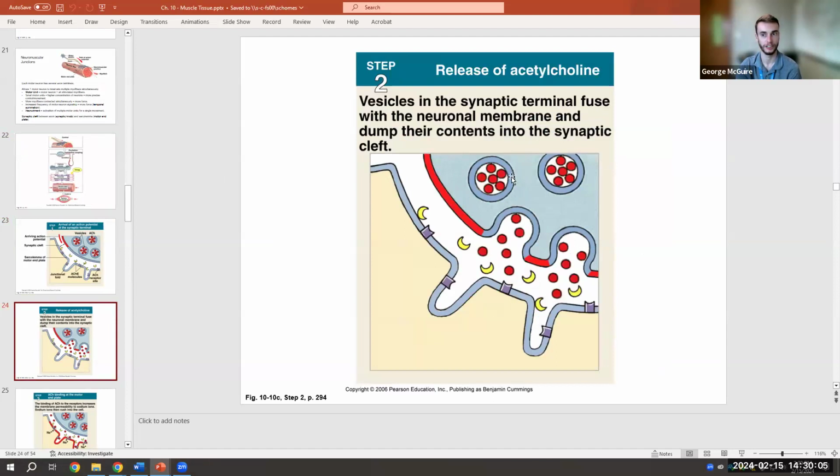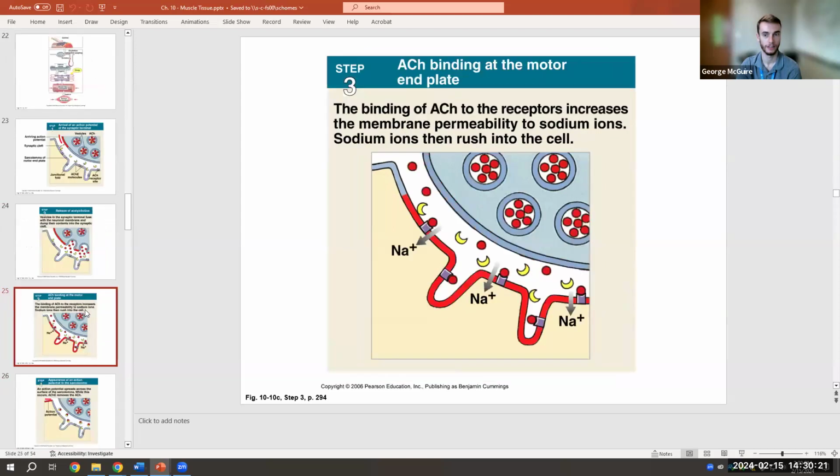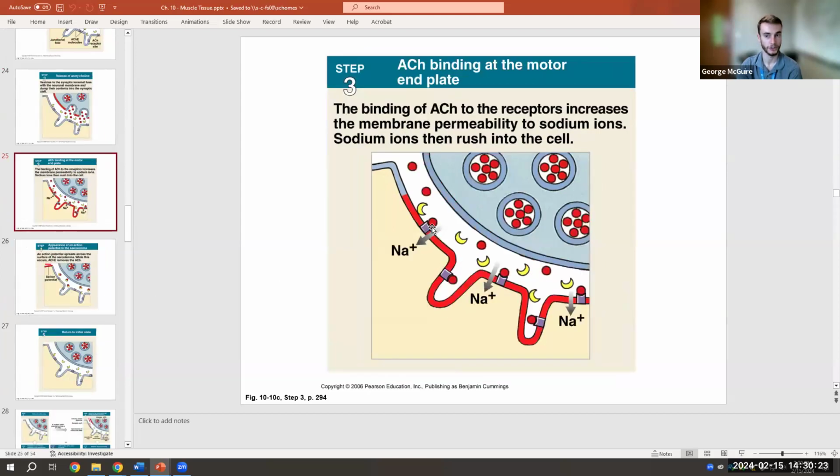Okay, so the action potential flooded down, the vesicles start to fuse into exocytose, those acetylcholine molecules. Acetylcholine is going to bond with these ligand-gated sodium channels on the sarcolemma of the muscle cell. And that causes those channels to open, which is going to allow sodium to flood in, causing a new action potential on the muscle cell itself.